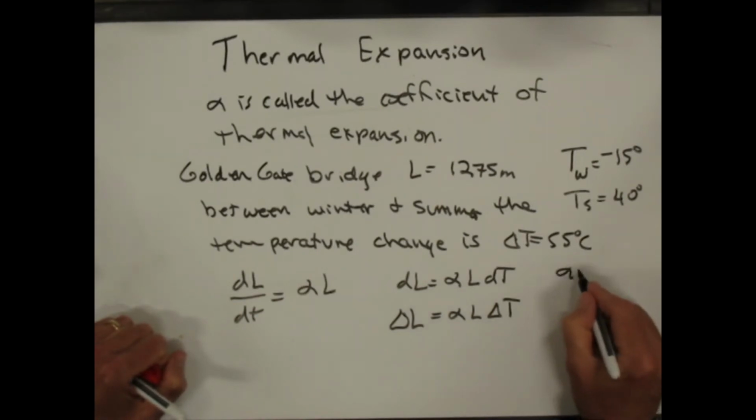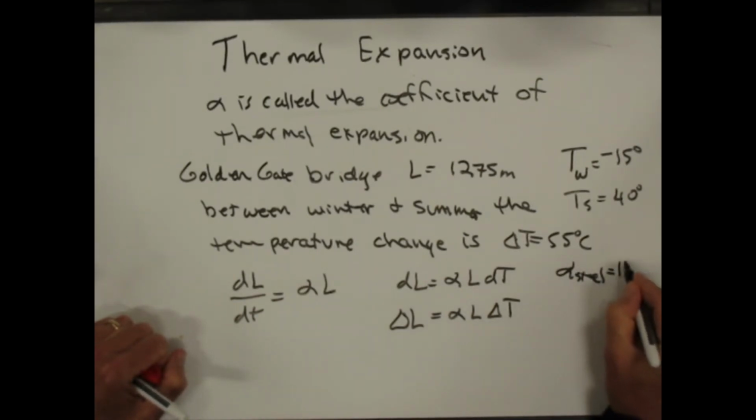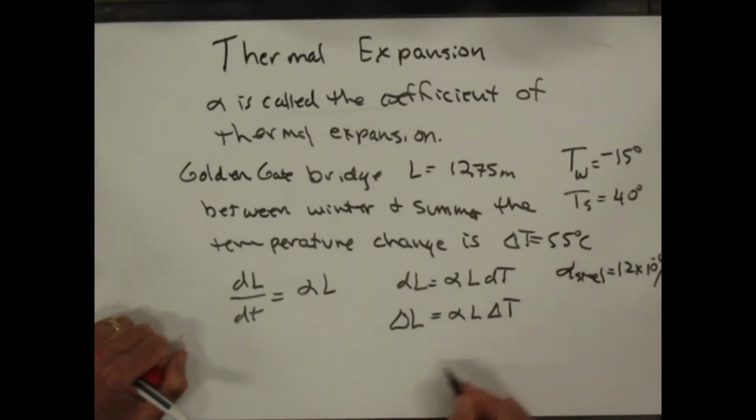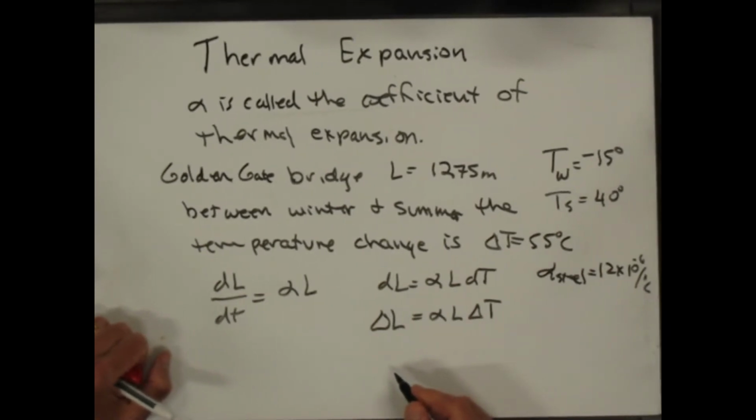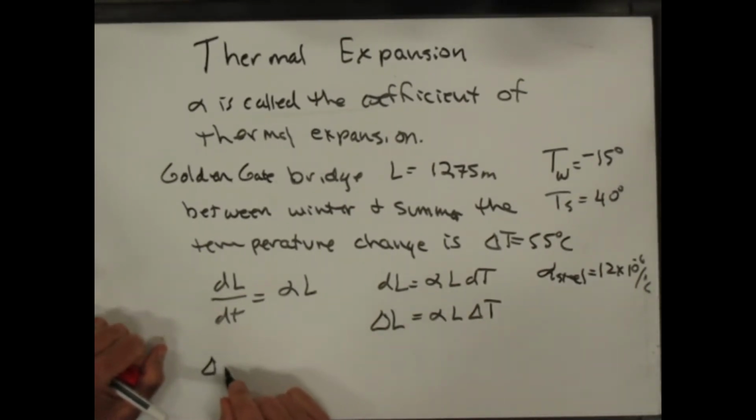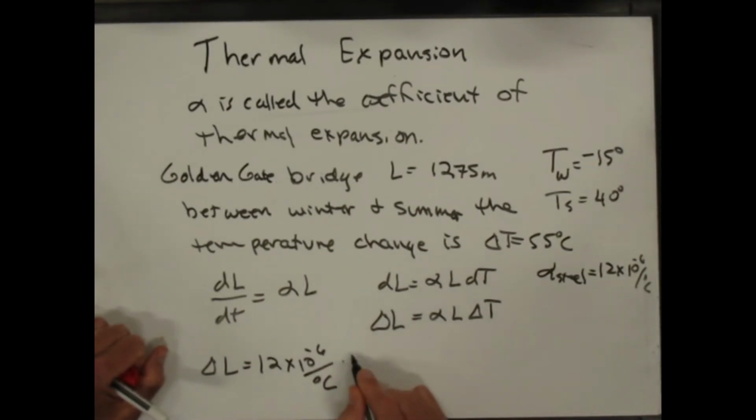So alpha for steel is 12 times 10 to the minus 6th per degree Celsius. Can you see that on there? And so that means the length change is equal to 12 times 10 to the minus 6th per degree C times 1275 meters times 55 degrees C.